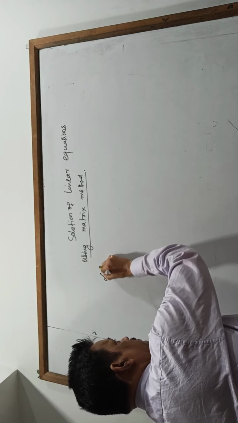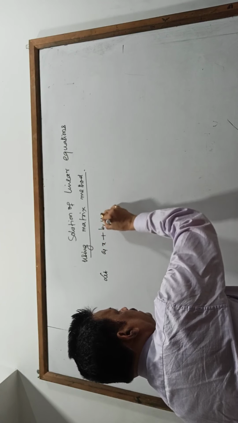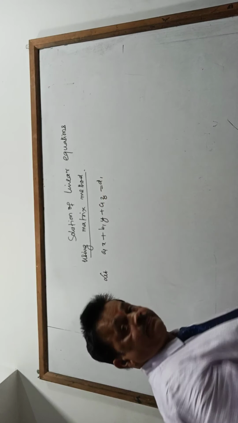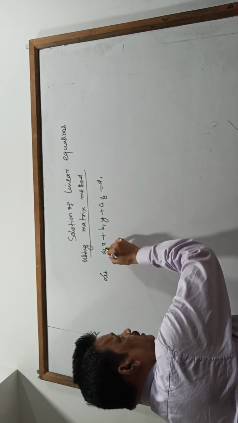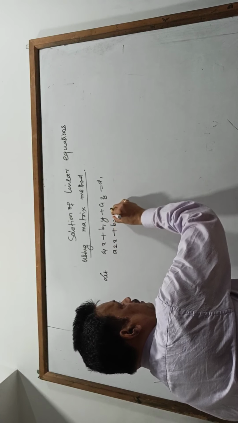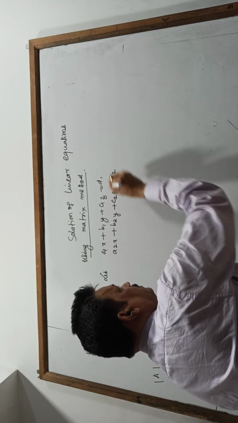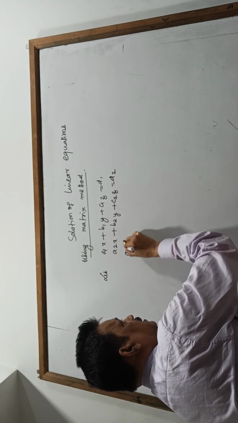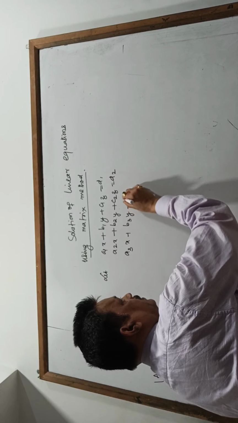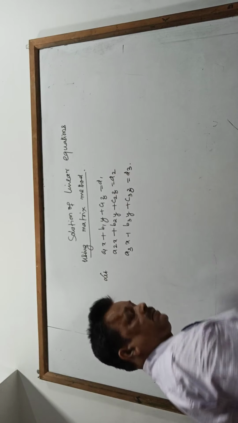Let a1x, b1y, c1z equals to d1. a2x, b2y, c2z equals to d2. a3x, b3y, c3z equals to d3.